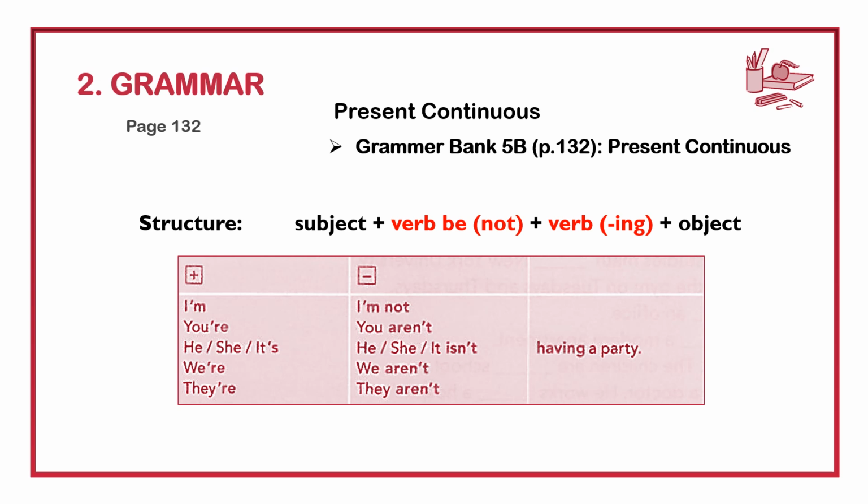So, I'm having a party, or I'm not having a party. You're having a party, or you aren't having a party. Please try to read the sentences aloud. He's having a party, or he isn't having a party.